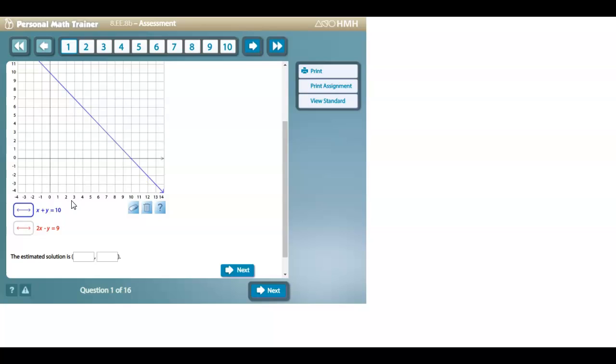So now I have to think of, okay, what other number can I put in there that will make this one true? So I knew that it was going to be 4.5. Let me see, what happens if I make this 4? If x is 4, 2 times 4 is 8, and then minus what will give me 9? -1.